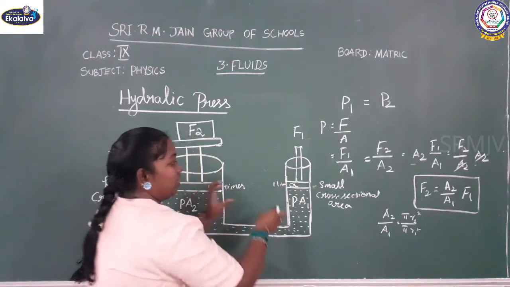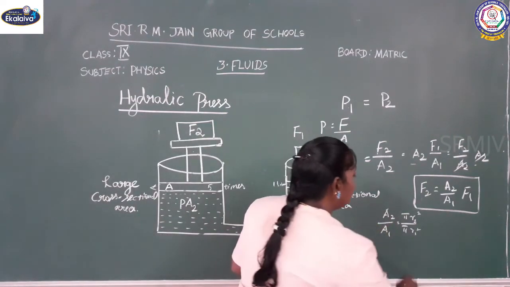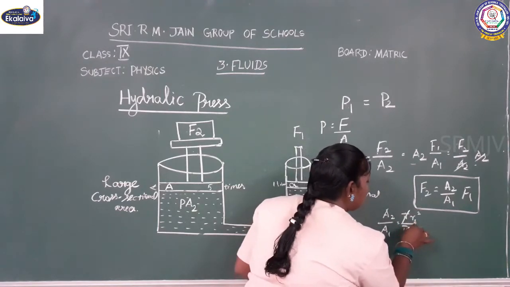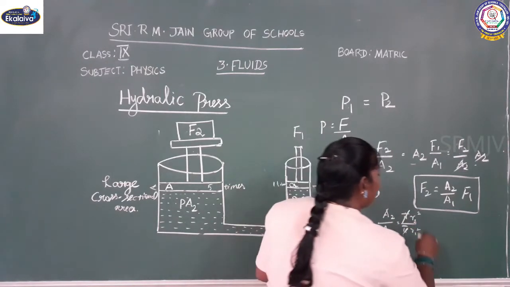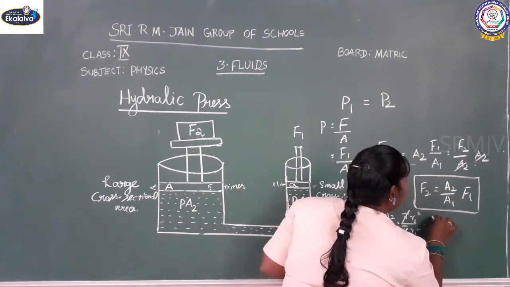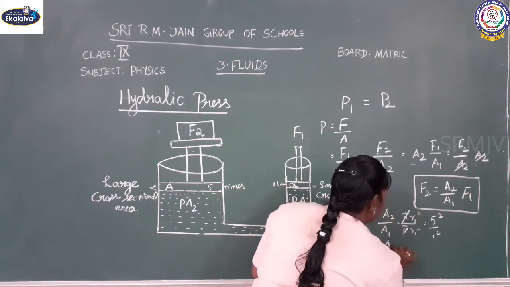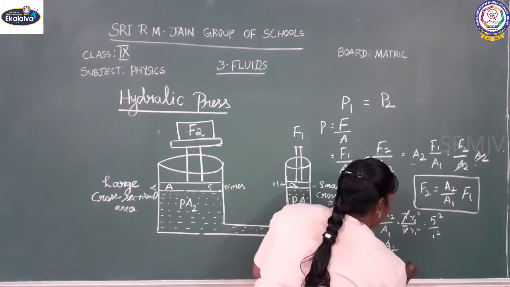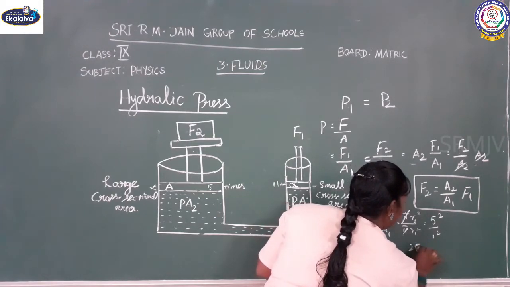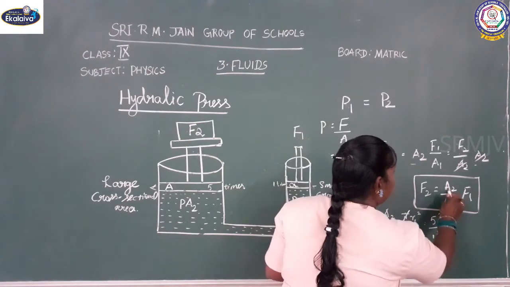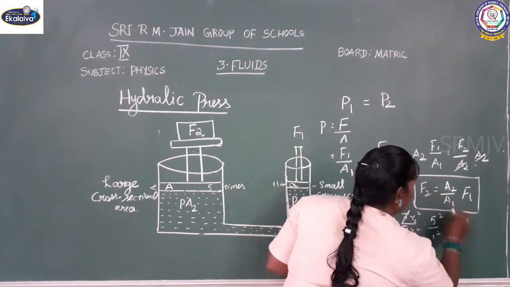With this we can find the area. In the numerator and denominator you can cancel the pi, so what remains is R. We have taken 5 square by 1 square. So A2 by A1 equals 5 square, which is 25 by 1, which means 25 times.